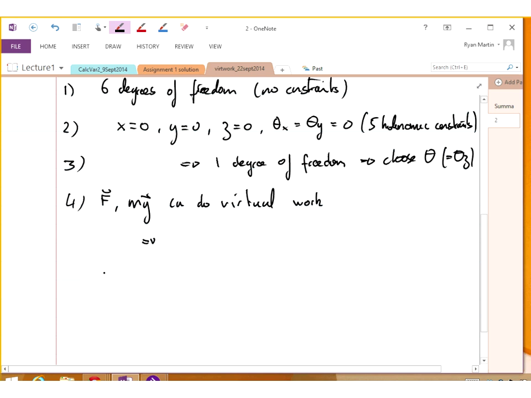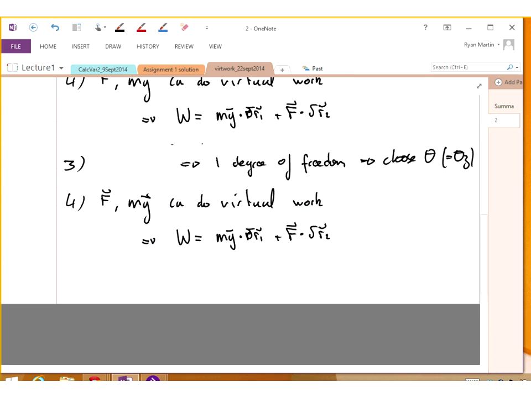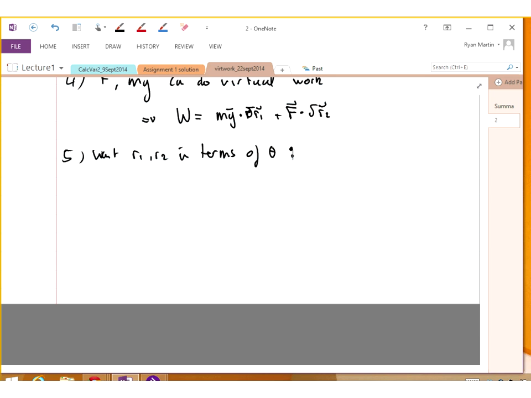So what we want is R1 and R2 in terms of the generalized coordinate, which in this case is theta. Okay. So let me write out the vector R1. We're going to run out of page now. R1 vector.